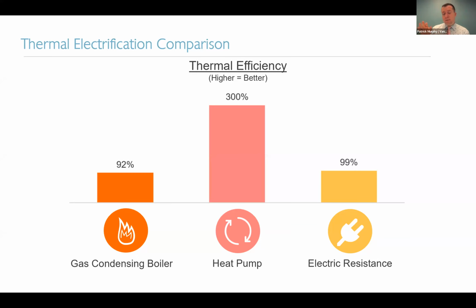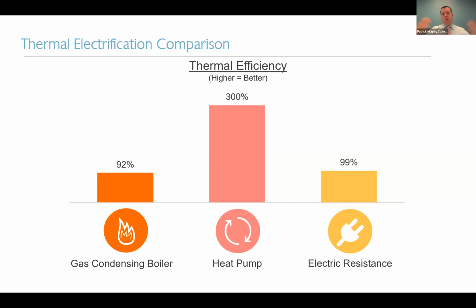Electric resistance, similarly: the electricity that comes in glows the filament, for example, and produces heat. It's basically as much energy as you're putting in that you're getting out in the form of useful heat. What makes a heat pump unique is that it has higher than 100% efficiency, which sounds counterintuitive, but the concept is that you're inputting electricity into this heat pump, and it is taking that energy plus absorbing energy from somewhere else, from the air, from the ground, or from a water source, for example.